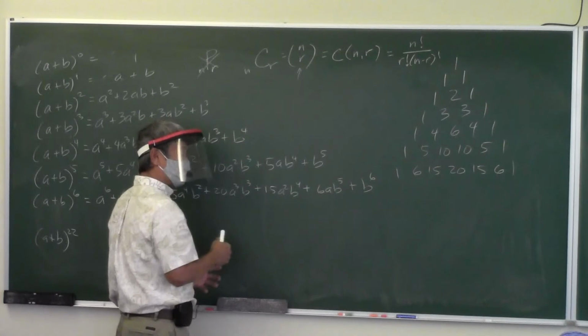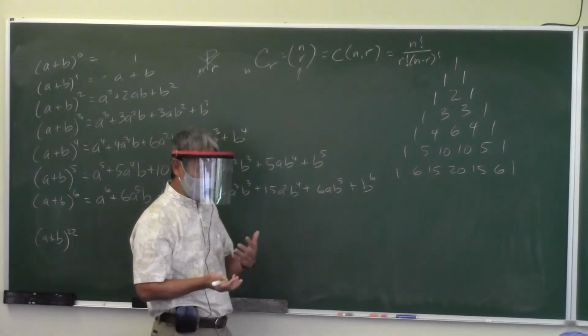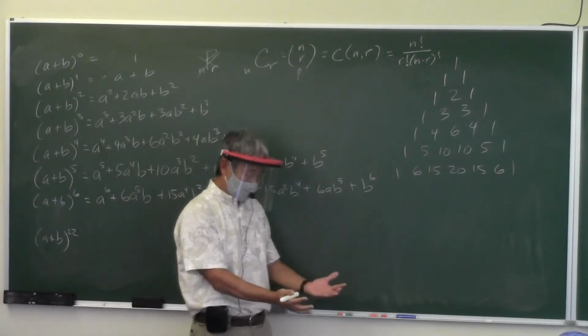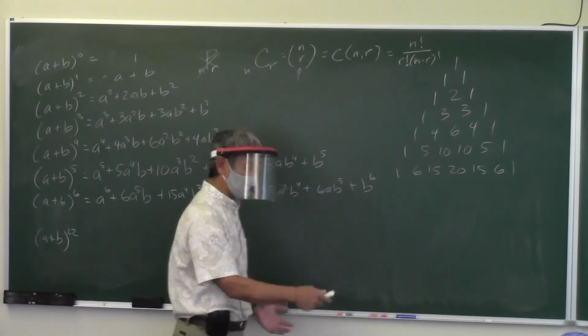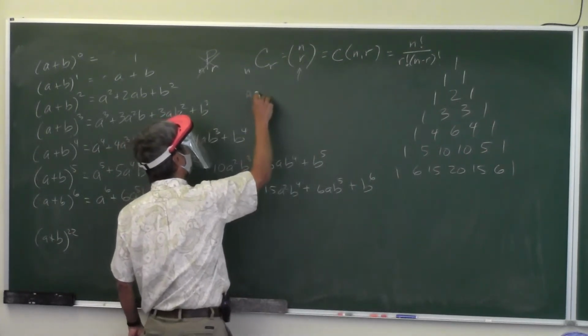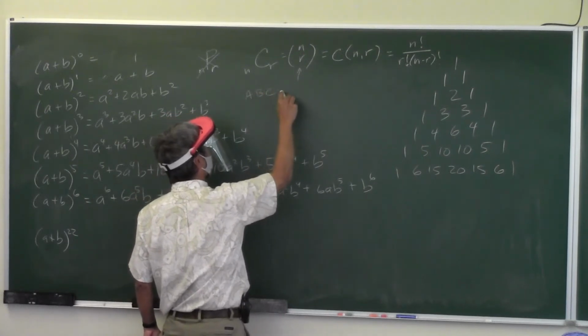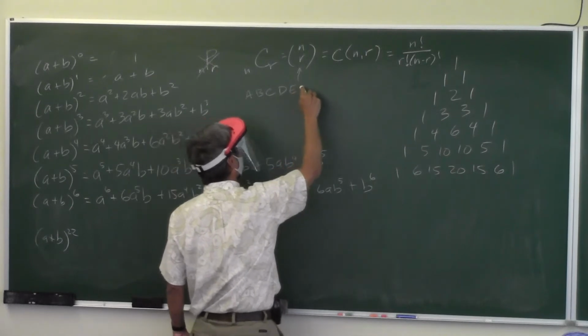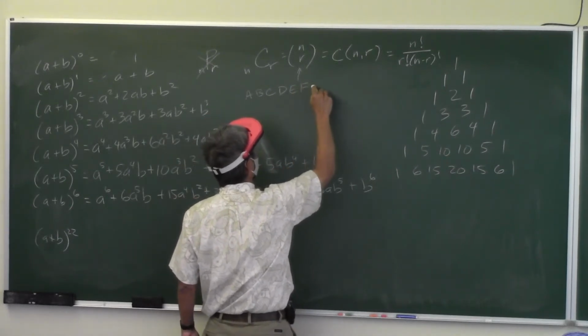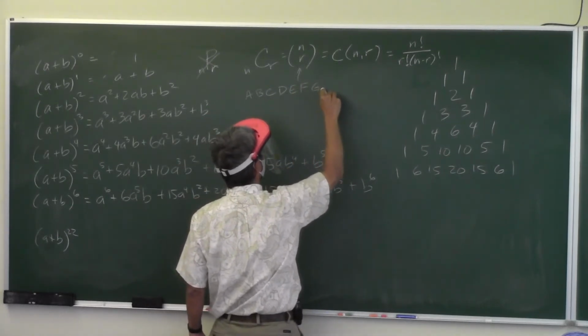So, when would you use a combination? Can you think of things where order doesn't matter? Like, for example, if there's 8 candy bars on the kitchen counter: Almond Joy, Butterfinger, Crunch, Dum-Dums, Elephant Ears, Fish Food, Giraffe Food, Horse Food.